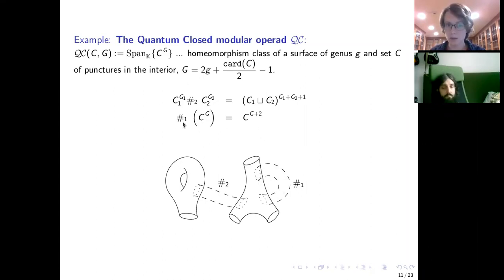That would be the connected sum on one component. And as you can see, we now have the consistent grading. The big G is really raised by 1 for the two surfaces and by 2 for one surface. And so we are consistent with the closed case. That's good. And now, is it making our open case work?